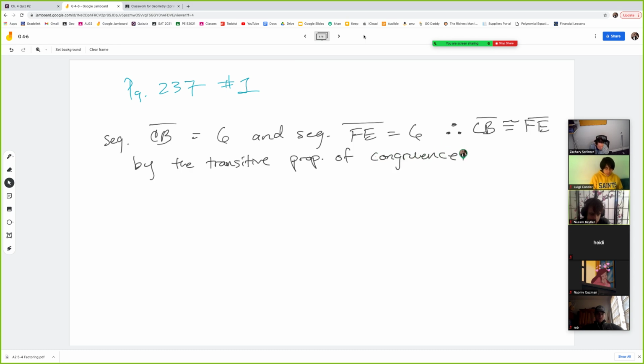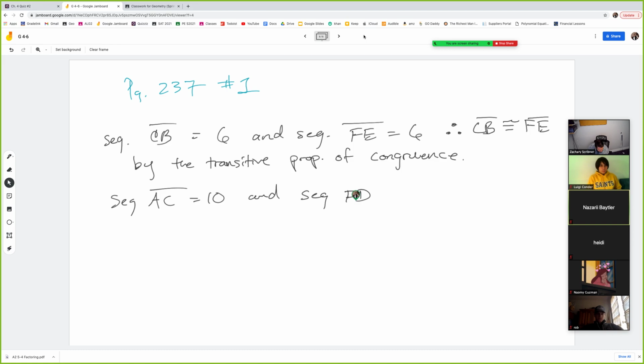Okay. Then we can say the same thing of AC, segment AC is equal to 10, and segment DF, it would be DF. I hope I didn't mess that up on the other one. CB, it should be FE.